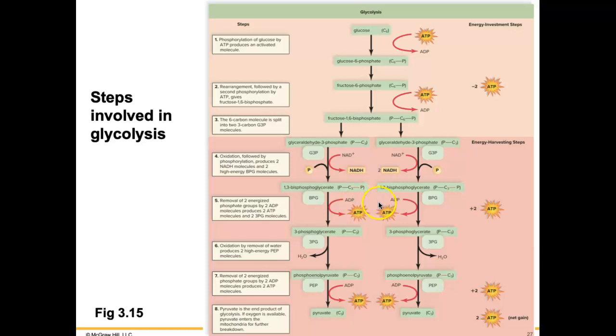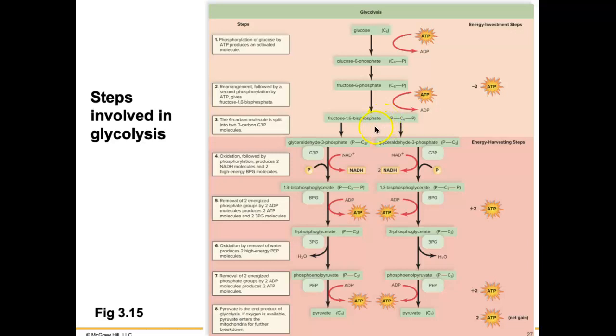Yes, this is a lot that is going on here, but we are going to break it down step by step. So in this version, we are going to utilize glucose from our blood glucose and utilize 1 ATP in order to turn it to our glucose 6-phosphate, as we saw in the previous slide. From there, we are going to rearrange our molecules and get fructose 6-phosphate, and then invest another ATP molecule so that we can get to fructose 1,6-bisphosphate.